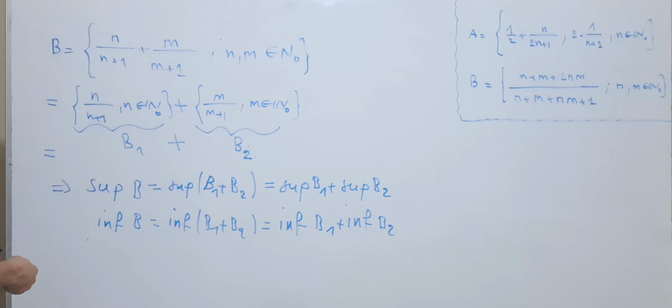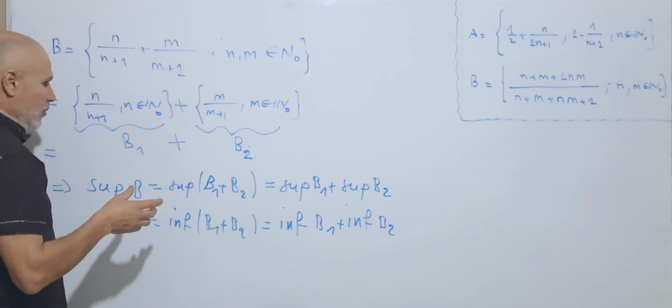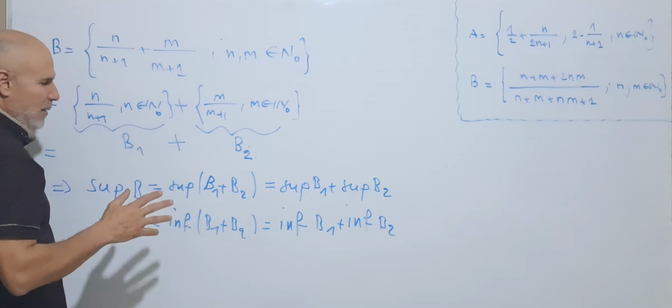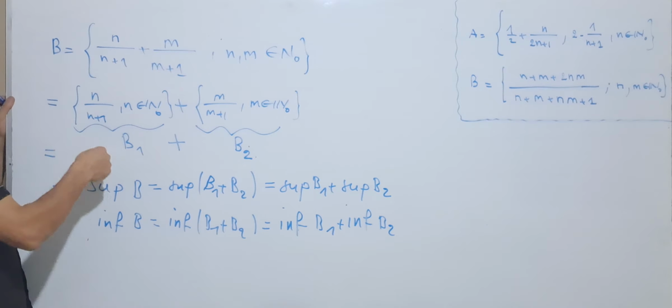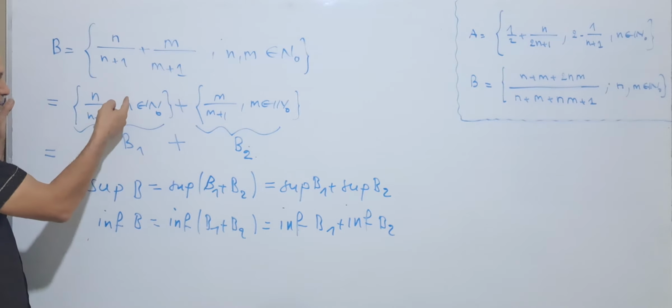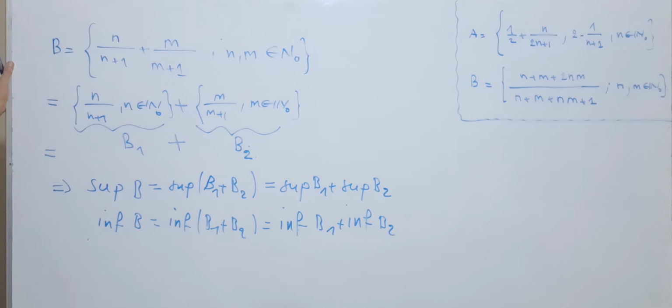So what we can do, since the supremum of B1 and B2 are the same, since they have the same form, is calculate one and multiply what we found by 2. Same thing with the infimum. Searching for the supremum and infimum of n over n plus 1 is easy. We can use the characterization: the minimum is equal to 0, and the supremum is equal to 1.